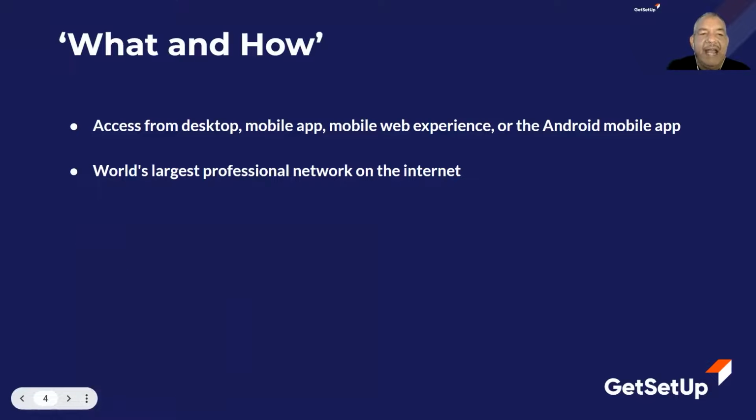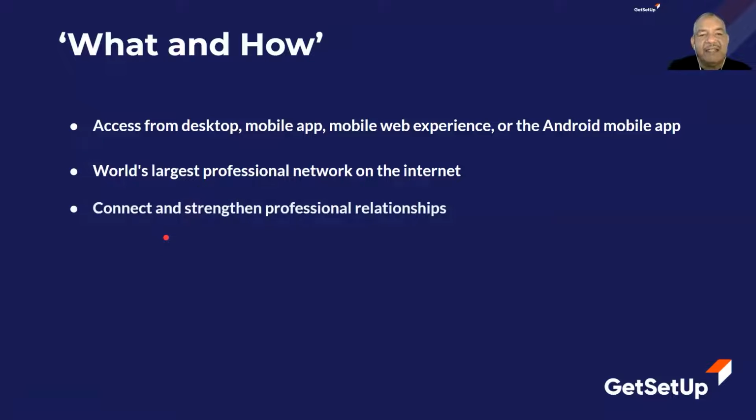And besides that, we use this to connect and strengthen professional relationships, be it related to our profession or be it related to our business. So this platform is for both purposes there.